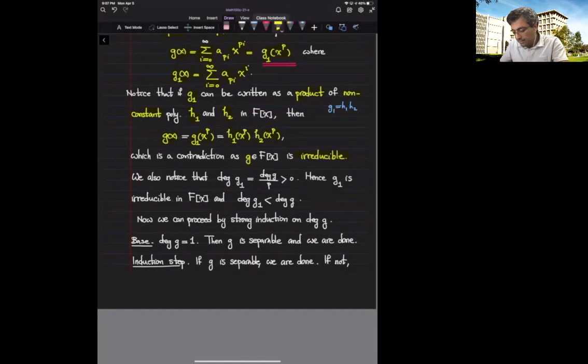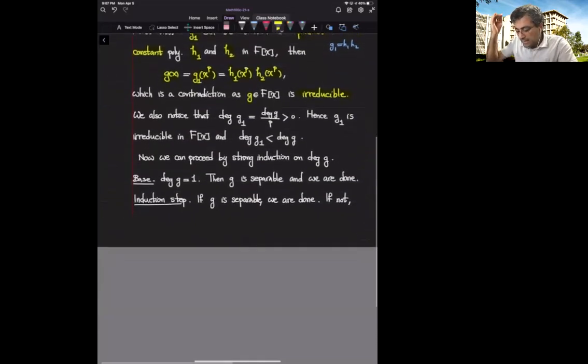So altogether, what we are getting is that if g is irreducible but not separable, we can find some irreducible polynomial of degree strictly less than the degree of g. In fact, the degree of g1 would be precisely the degree of g divided by p, the characteristic.